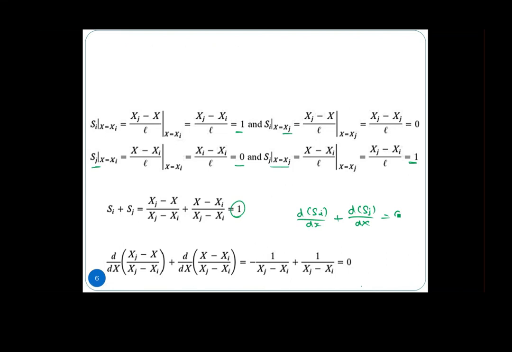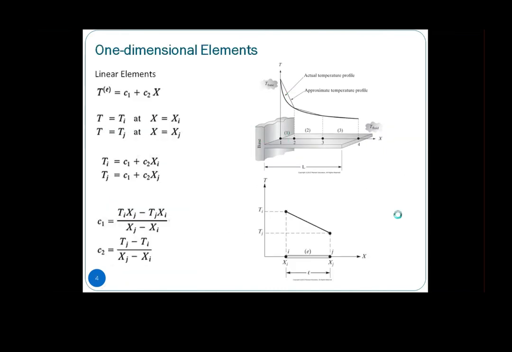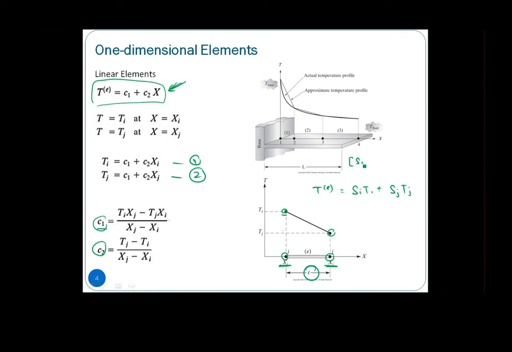So in the case of this point, we have Te equals Si Ti plus Sj Tj, as just now, or in matrix form we have Si Sj times Ti Tj.